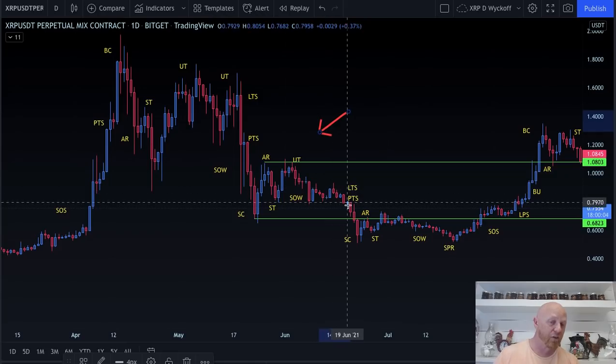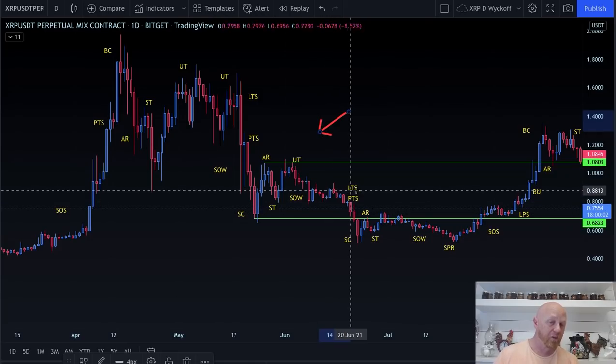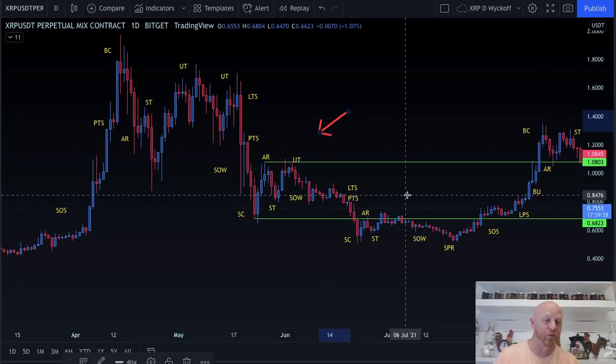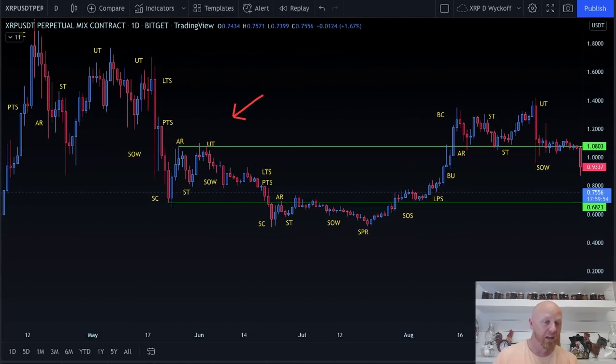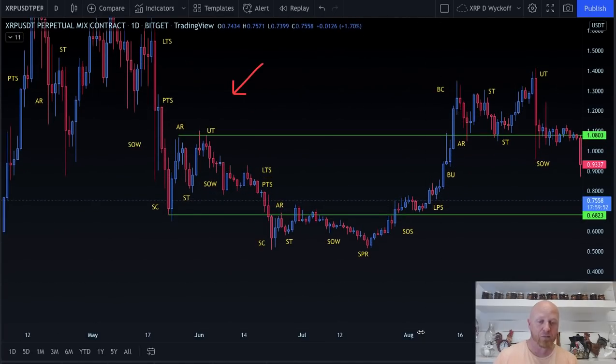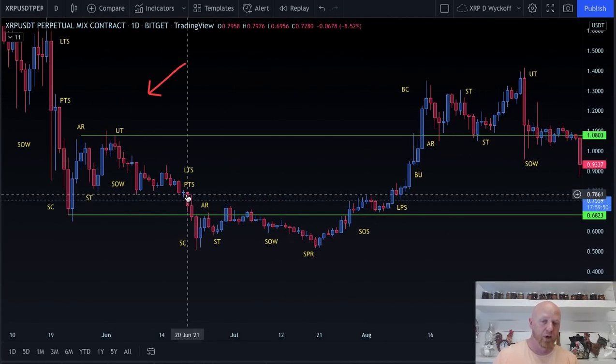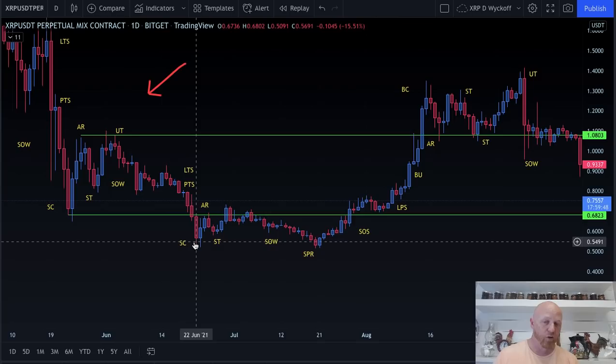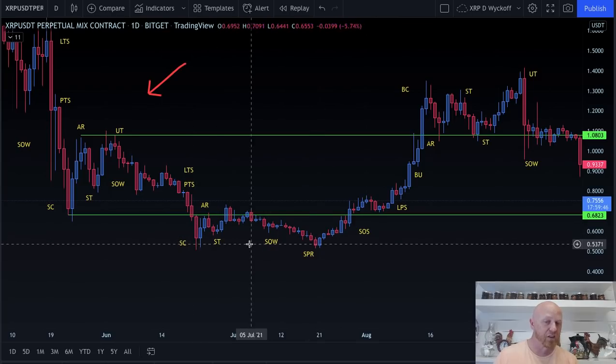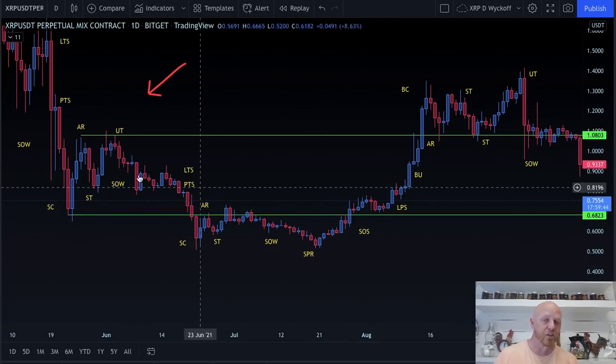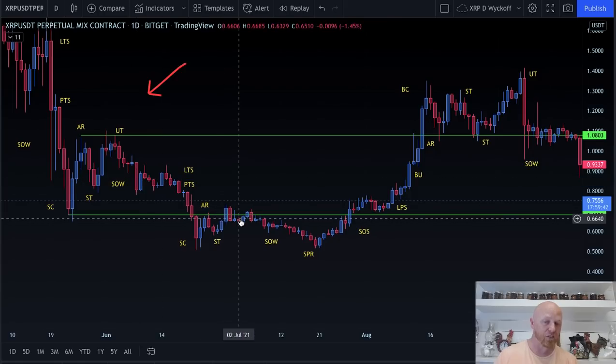So instead of holding your key support, your last test of supply, your preliminary test of support, they're kind of overlapped. Again, if you're looking at this on a smaller time frame, they would look more independent potentially. And let's zoom in so you can see the steps a little bit better. And then what happens? You don't hold your base, you fall right through it, and now you're in another accumulation range down here. And I want to show you the stark contrast between these two, okay?